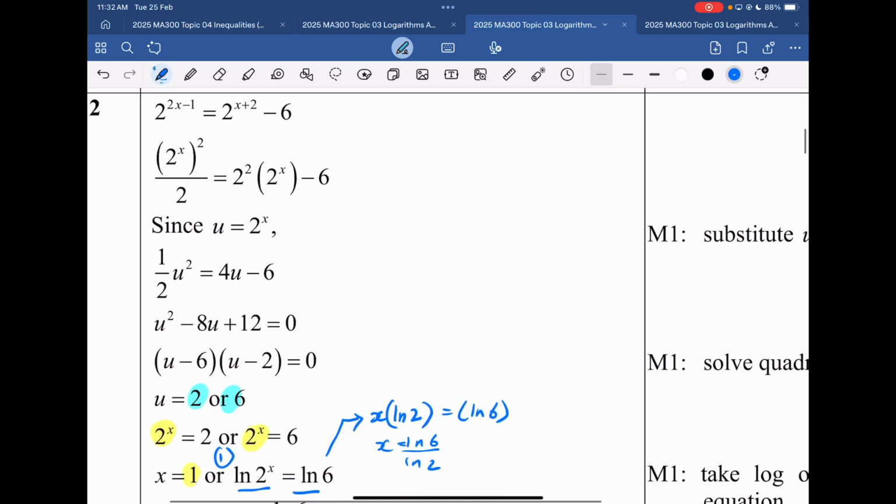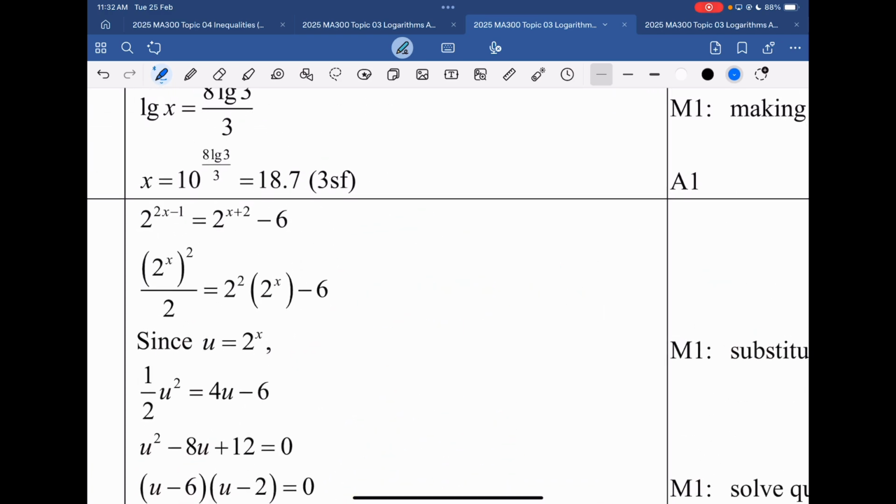Guys, listen. Quick one, 2 power x. You see this? Do you accept or reject? Reject. Why? What's the reason? Pay attention.